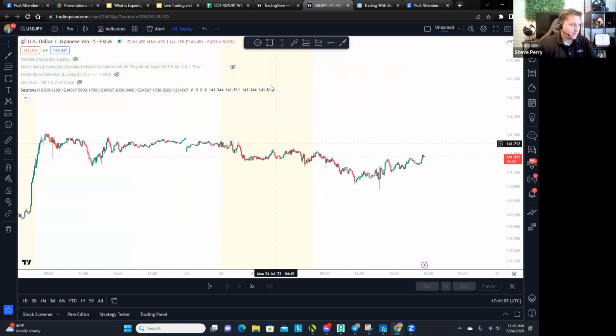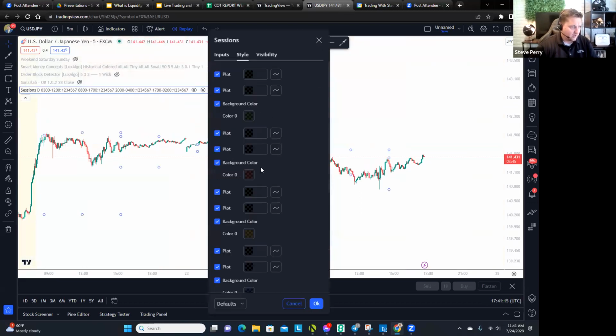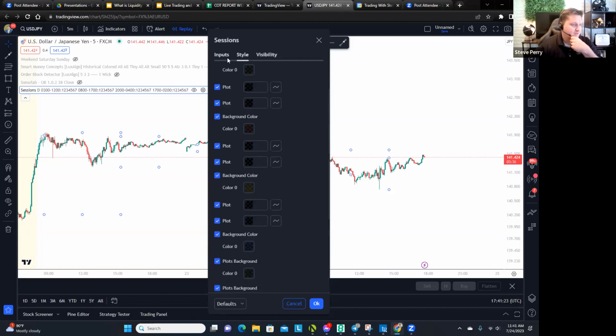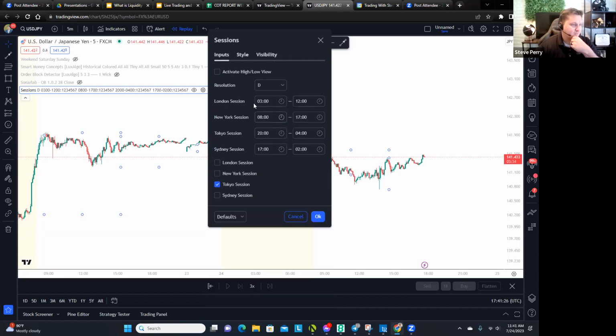It should highlight. It's not highlighting very well, it's kind of hidden. So let's change the color on this. Style. Let's change visibility, style. I need this to look different because I can't see it very well.